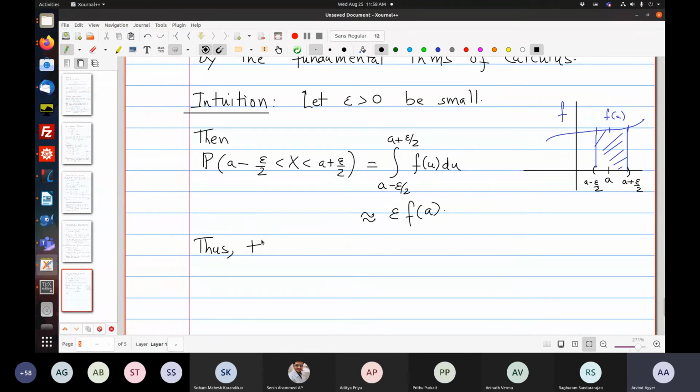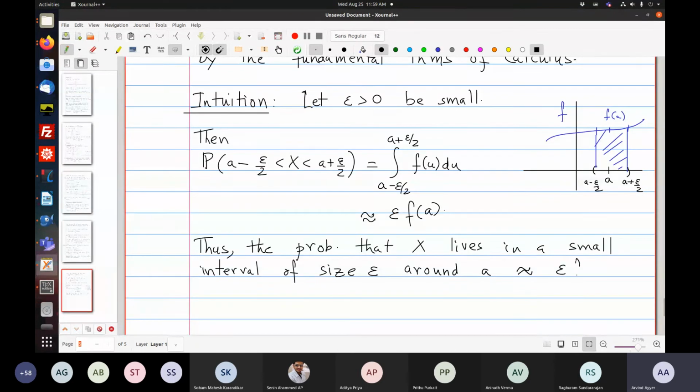So the probability that x lives in a small interval of size epsilon around a is roughly proportional to epsilon f of a.